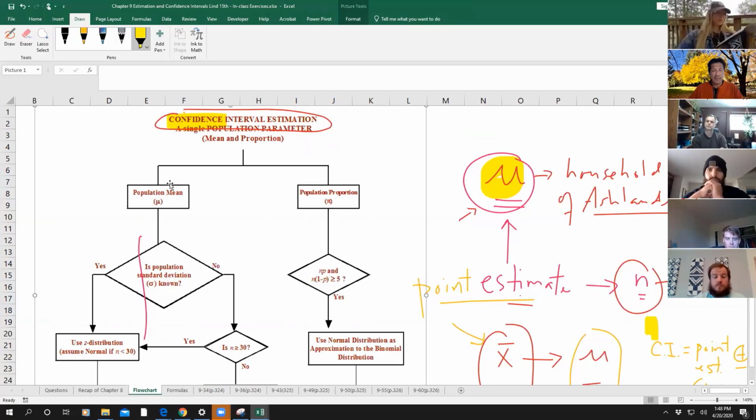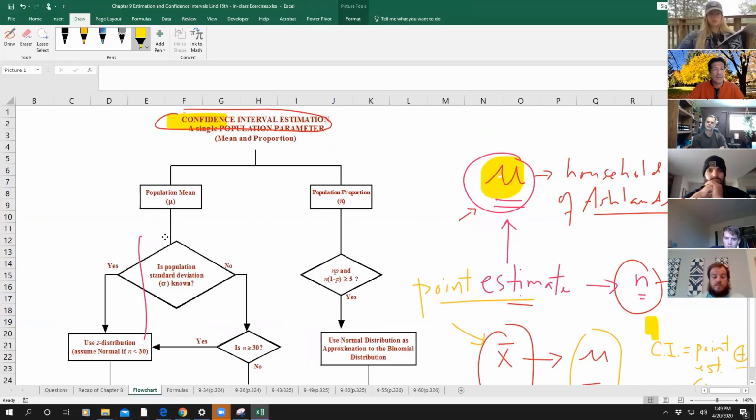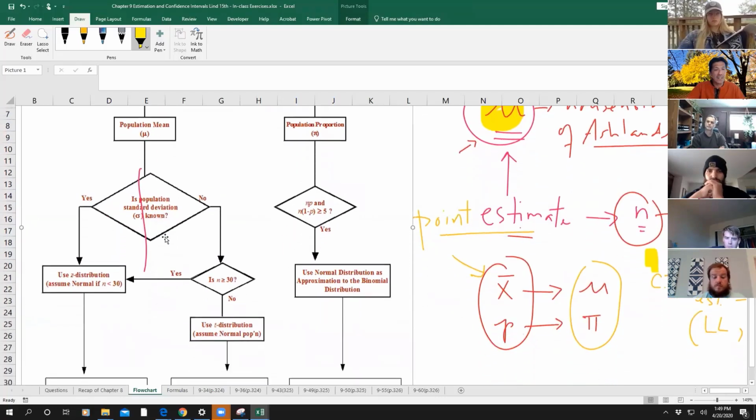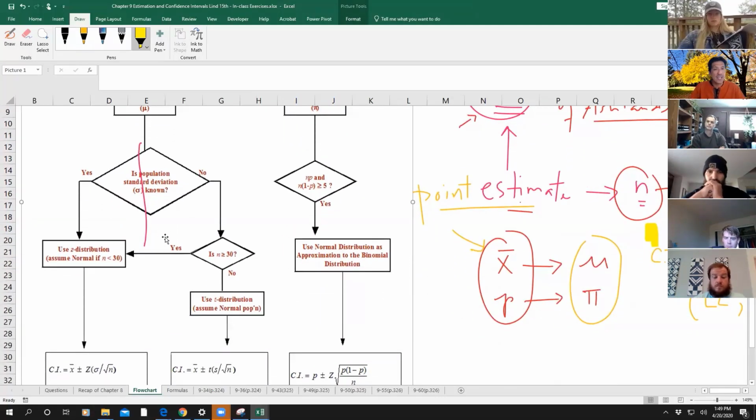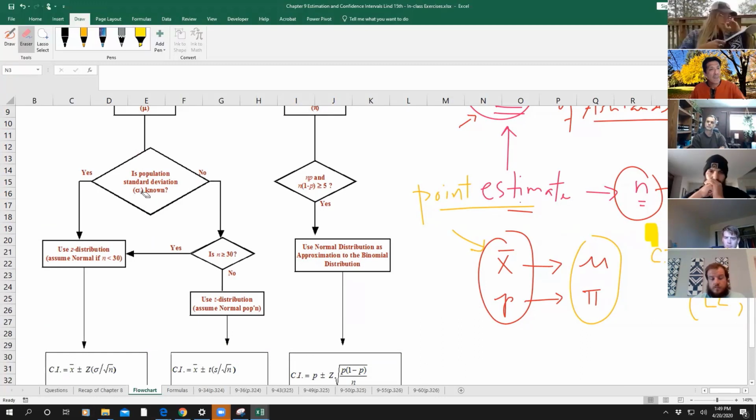If the parameter of interest is estimating a population mean, then we follow this flow chart that says, all right, first question that you ask yourself is this: is the population standard deviation given, or is it stated in the problem?